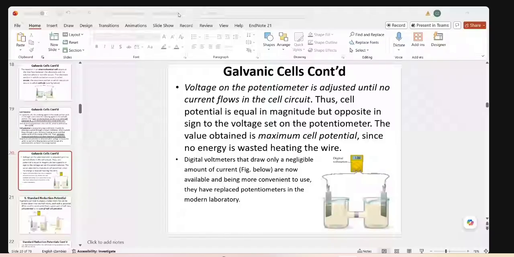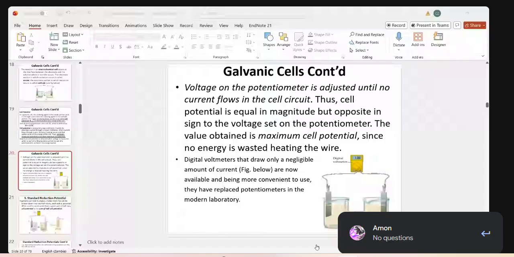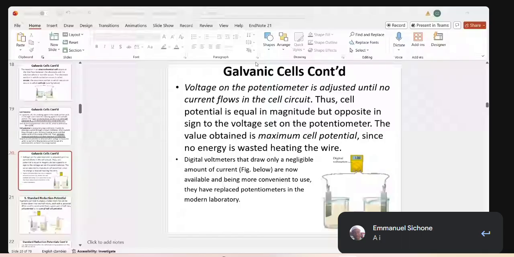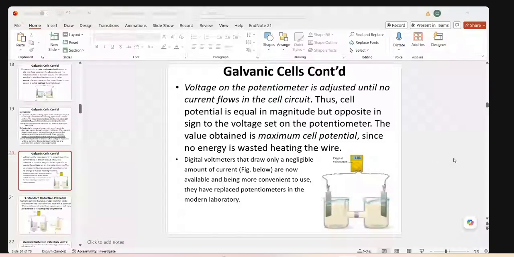So for measuring the... I'm asking if you can use either a pointer or a sensor. I can't follow well. Yes, sir.